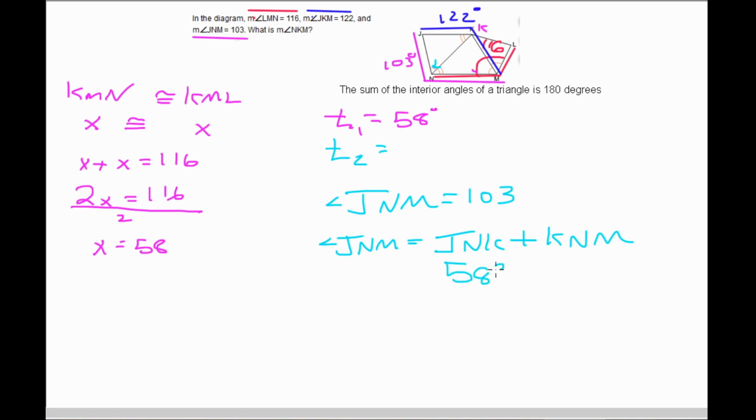And I know J and M is equal to 103 degrees. So all that's left is solving for K and M, which is our double tick mark. Our double tick mark is our unknown now, so I'm going to make that X, and then balance this by doing minus 58. 103 minus 58 is 45.